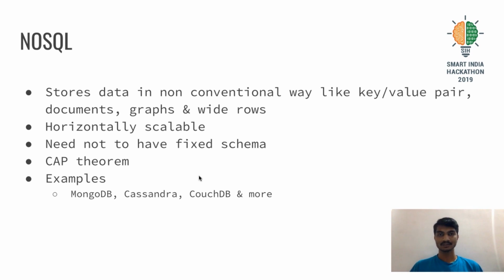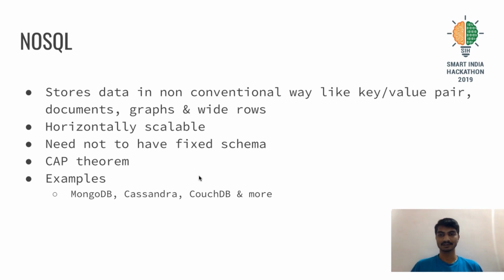Another thing is that most RDBMS databases are CA based databases, meaning in the CAP theorem we have consistency, availability, and partition tolerance. All the RDBMS databases are consistent and available. They are CA based databases. But in NoSQL databases, I can configure what I want to have.